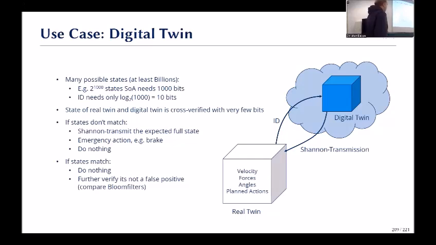So this cross-verifying is really important. Of course, if the digital twin then knows, oh, there's some error, it's not in the state that I expected, I need the correct state, then of course we have to do the Shannon transmission. So there's no way to get rid of it. Sometimes I was asked, with post-Shannon, can we then throw away the normal communication?